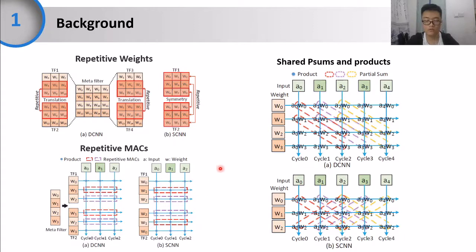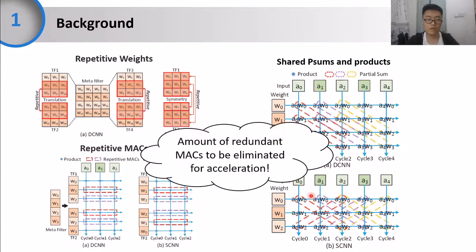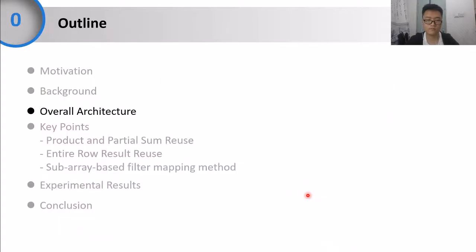This is similar in the SCN, where the TF1 and TF2 are symmetric, and the products and the p-sums will be recomputed too. So if we can eliminate these redundant MACs, a higher acceleration can be achieved with the model compression ratio unchanged.